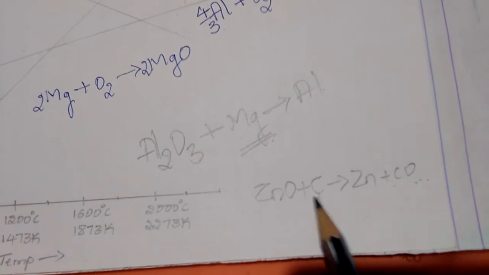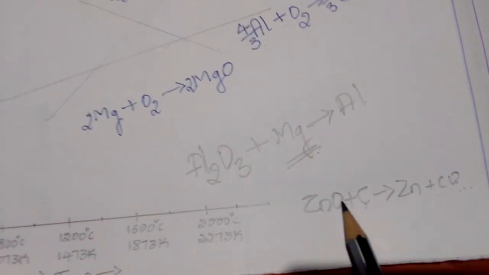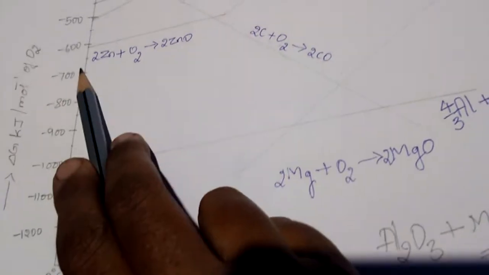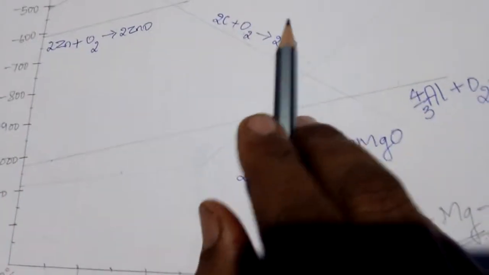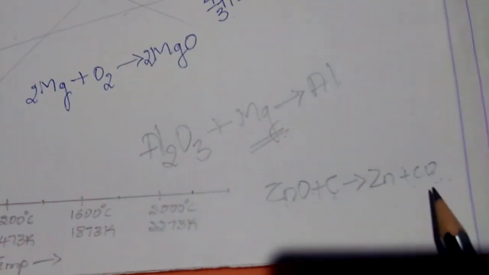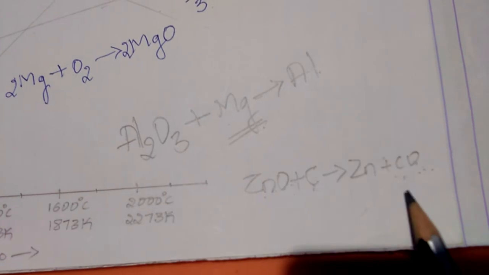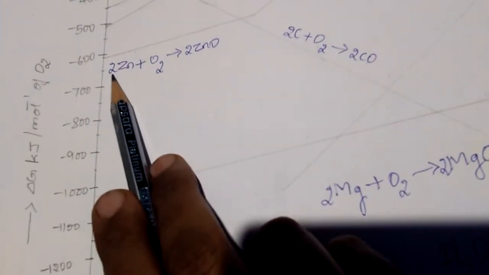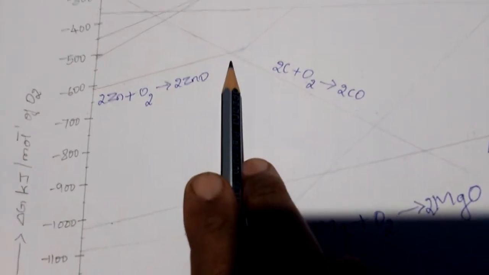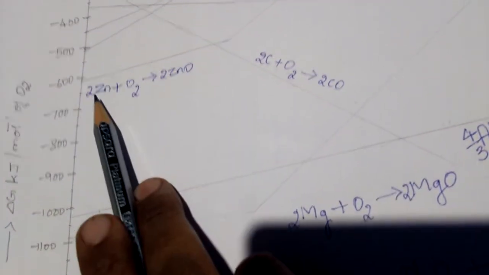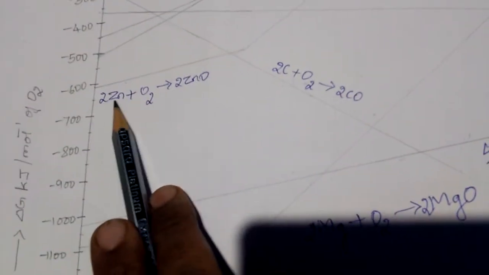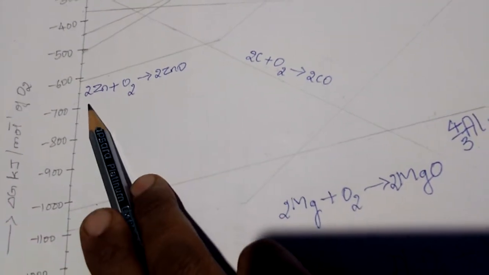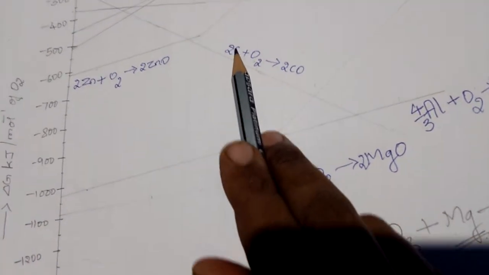When you couple the two reactions, we got one reaction where zinc oxide is converted into zinc. So at the temperature of 1400 Kelvin, nearly 1473 Kelvin, zinc oxide is reduced to zinc by using coke as a reducing agent.